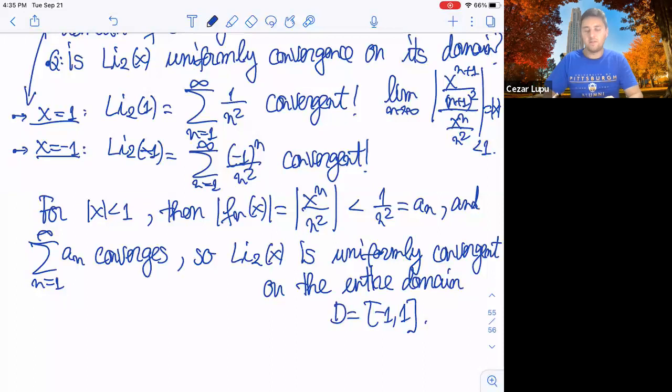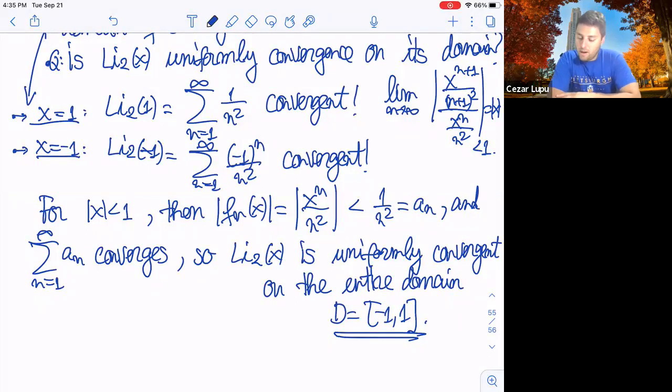So if this is less than 1, then you have convergence. So the domain will be -1, 1 open, and then you need to check the endpoints. And as we have seen, at -1 it is convergent, at 1 it is convergent. So the entire domain of convergence is the closed interval -1, 1. All right, I hope it makes sense. I did not explain it in the best way, but I think it's pretty clear.